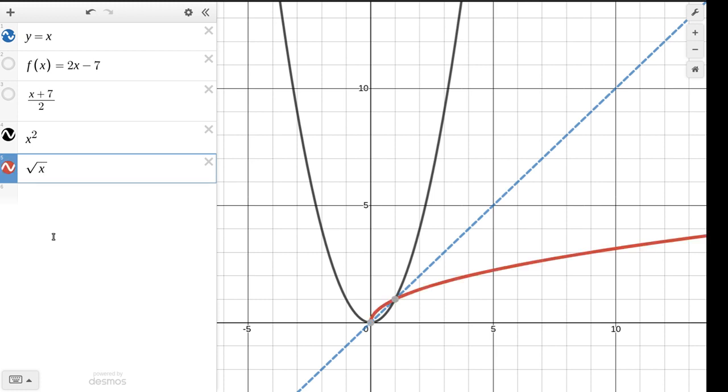It was the inverse. Notice it mirrors across the line y equals x. We get this mirroring effect going on. But also notice it doesn't have the negative side of this.